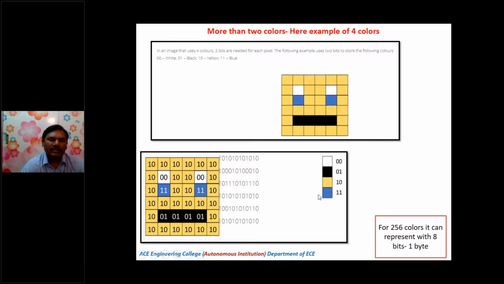And if it is blue color, it is represented as 1 1. Like that, we can represent any bit combinations depending upon the number of colors. Usually we will take 256 color images. Those images will be represented with 8 bits, which is also called 1 byte.